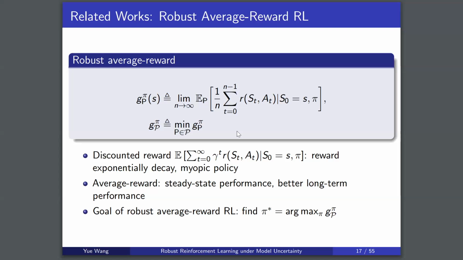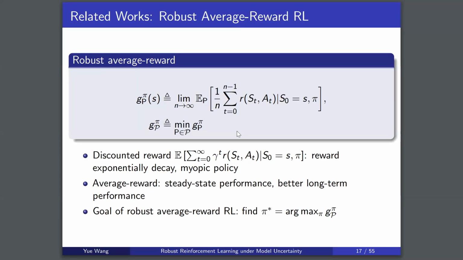Let's recall the definition of the discounted reward. As you can see, the reward received at each time step is discounted by a factor of gamma to the power t. Since gamma is less than 1, when the system operates for a long period, this term decays to zero exponentially.